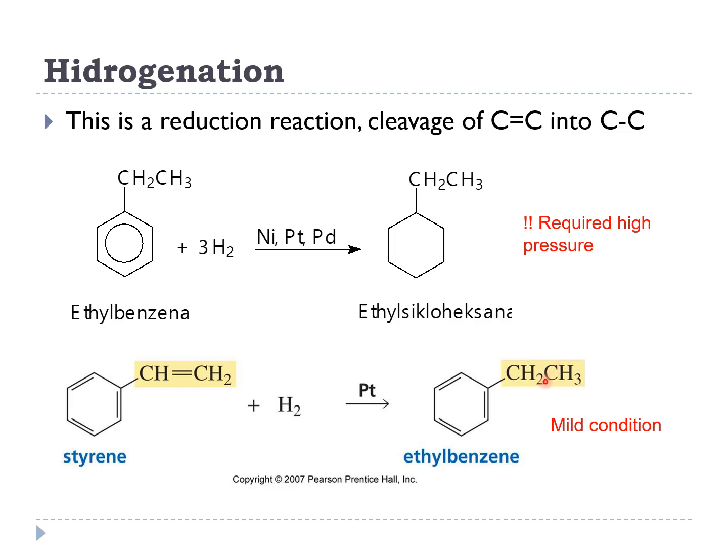Okay, so if you continue the reaction with high pressure, then it is possible to convert the ethyl benzene into ethyl cyclohexane. But if only mild condition, then the styrene will only be converted into ethyl benzene.